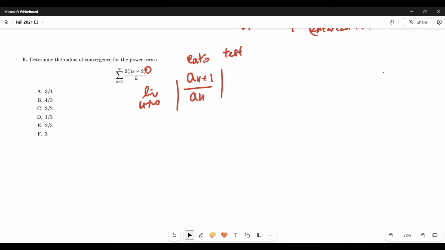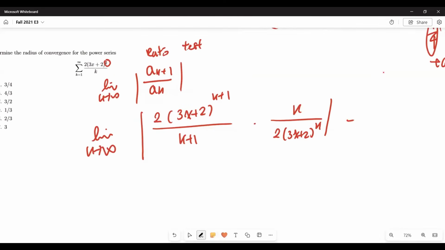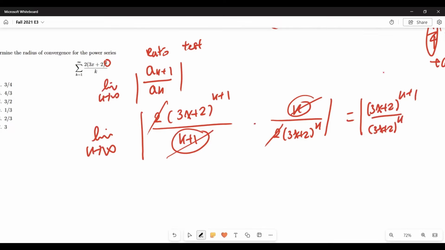It's basically saying instead of k, we're going to put k plus 1, so (3x plus 2) to the k plus 1 over k plus 1, divided by the original, so basically multiplying by the reciprocal. So this says k over k plus 1, if it goes to infinity, it's going to be 1, right? 2 cancelled out, so this is going to be (3x plus 2)^(k+1) over (3x plus 2)^k.